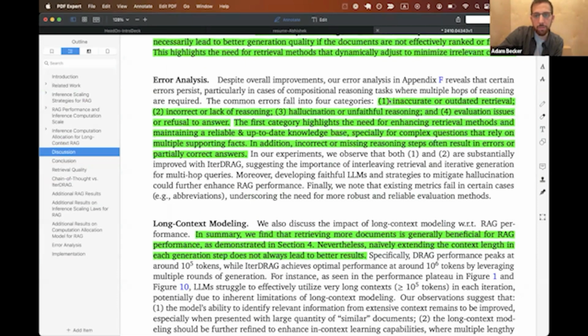They say we have inaccurate or outdated retrieval, incorrect or lack of reasoning, hallucination or unfaithful reasoning, and evaluation issues or refusal to answer. Evaluation issues, refusal to answer, that might be, let's say, when you have a date that is misformatted, right? So the first category highlights the need for enhancing retrieval methods and maintaining a reliable and up-to-date knowledge base, especially for complex questions that rely on multiple supporting facts.